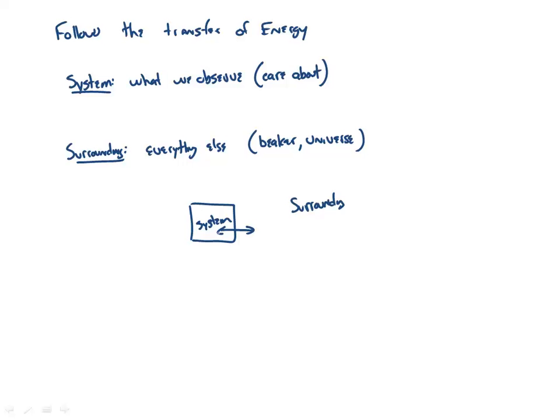And there are 3 types of systems, of which we'll particularly pay attention to just one of them. The first is what we call isolated.